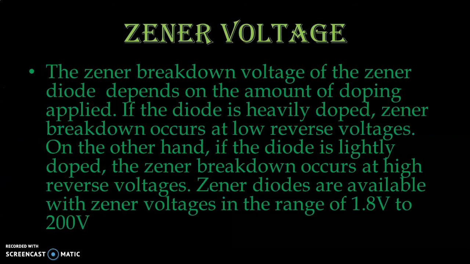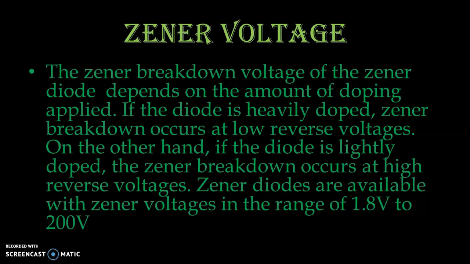The Zener breakdown voltage of the Zener diode depends on the amount of doping applied. So we can have a controlled breakdown. We can plan controlled breakdown for different voltages. If the diode is heavily doped, Zener breakdown occurs at a low reverse voltage.